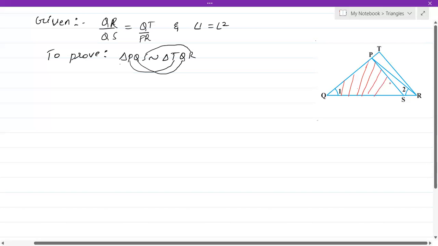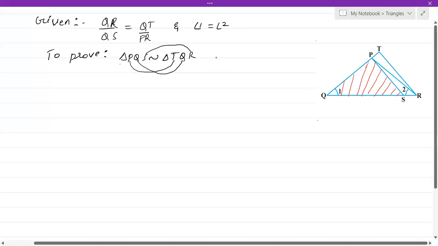So this triangle, and the other triangle is TQR, that is the complete triangle, the big triangle. Okay. So let me draw the outline for that. TQR, this complete triangle. Okay. So we have to prove that complete triangle is similar to the smaller triangle that I have shaded.